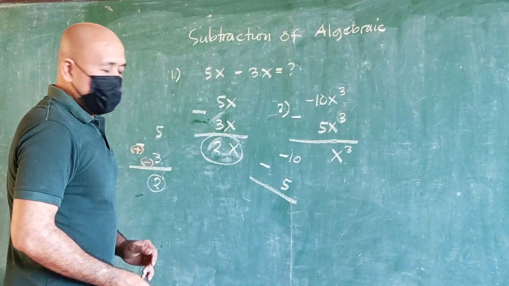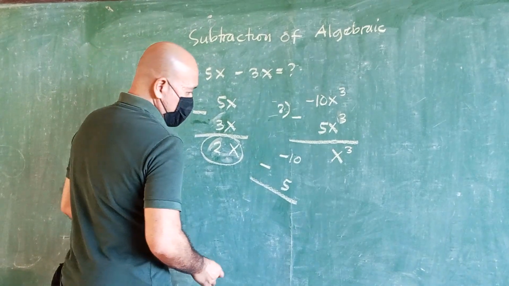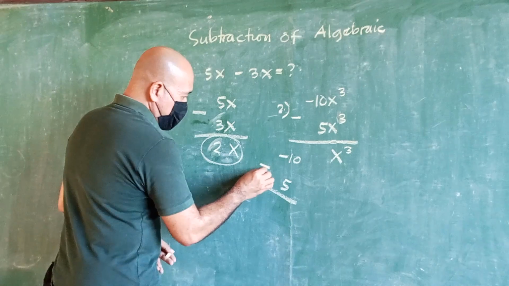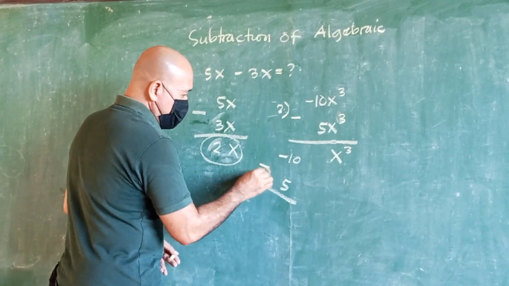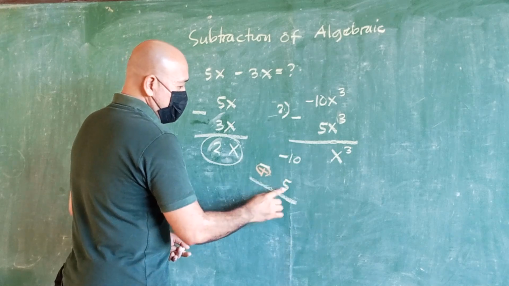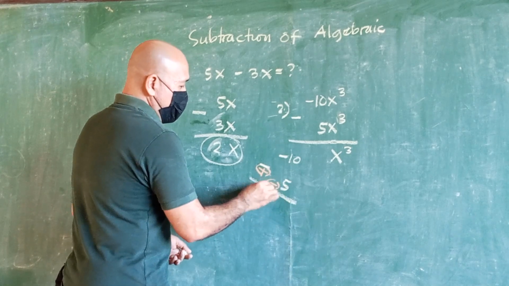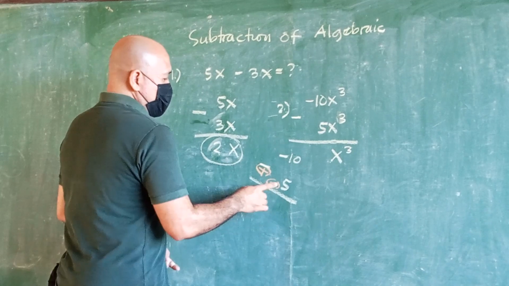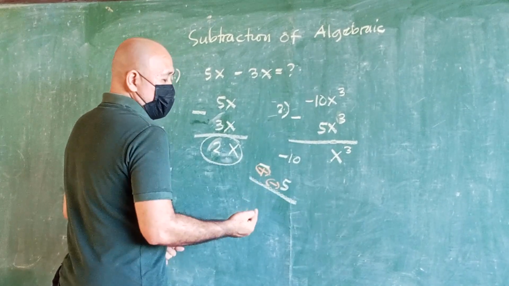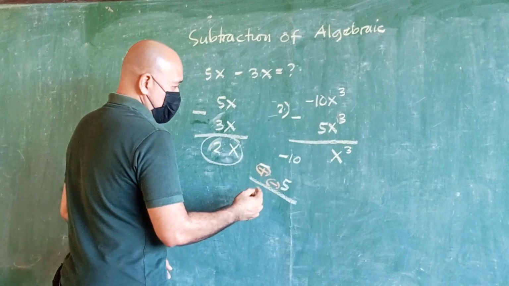So the rule on how to subtract integers: you just have to change the operation from minus to plus and the positive to negative. Always change the sign of the operation and the sign of the subtrahend. These are the rules on how to subtract integers.